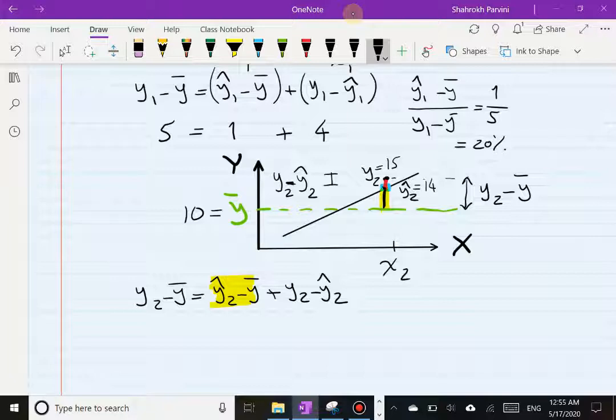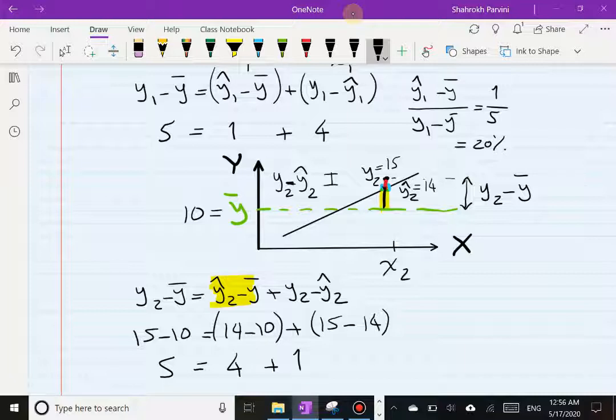This time y2 minus y bar is 15 minus 10, which is y hat 2 minus y bar, 14 minus 10, plus y2 minus y hat 2, which is 15 minus 14. So the vertical deviation of 5 units is partitioned into 4 plus 1.